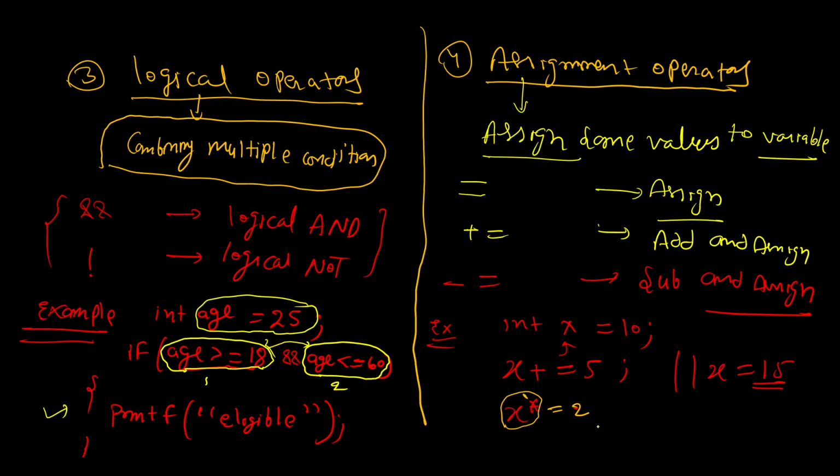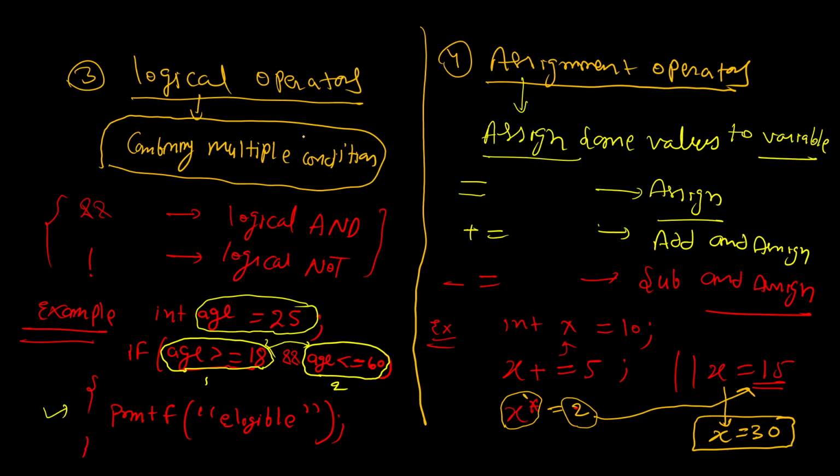What we are doing is assigning 2, or we are basically doing the multiplication. So this value will multiply here, so the value of x would become 30. Basically this is the way you can use assignment operators, how you can use the logical operators.